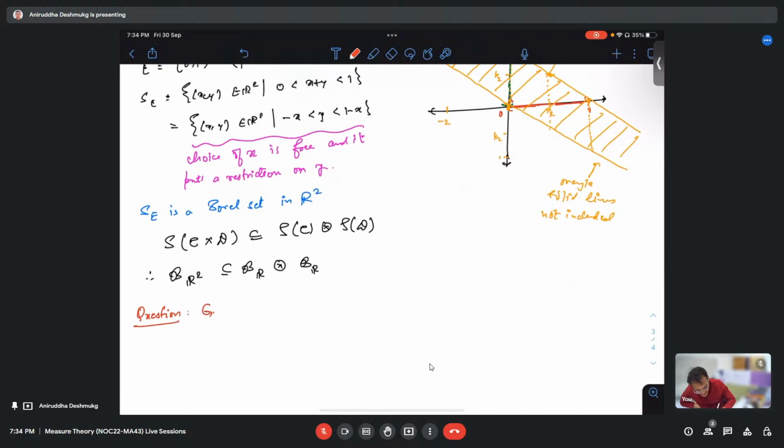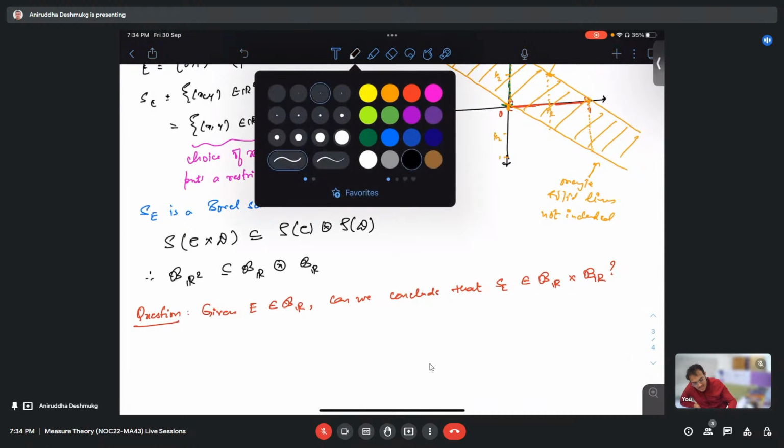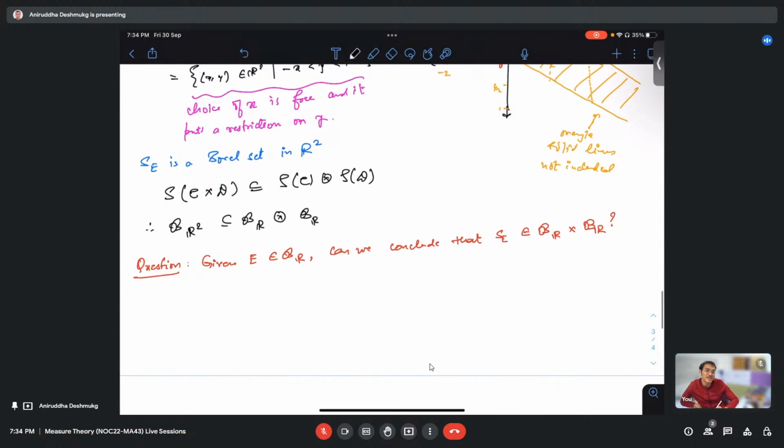Question. Given a set E inside BR, can we conclude that SE is inside BR cross BR? To answer this, let us apply that sigma algebra monotone class technique.